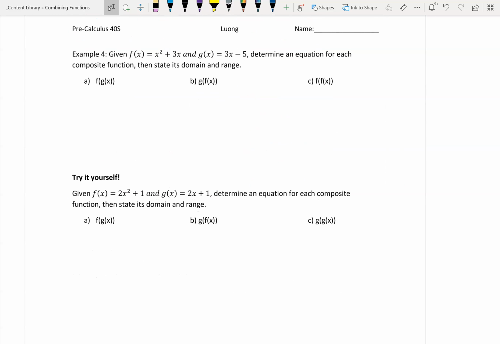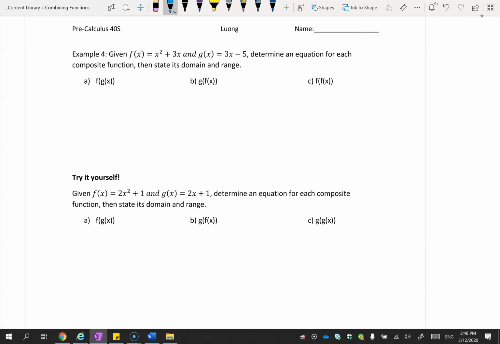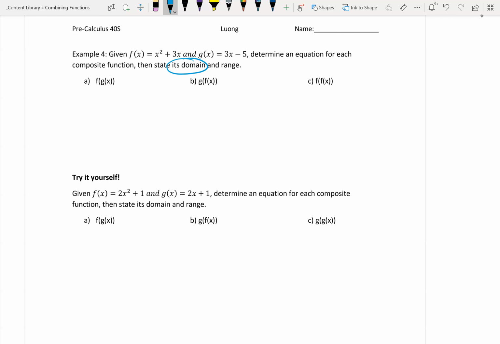In our next example, we want to find the composite function of each, and we're just leaving it in terms of x. We also want to find the domain. Don't worry about the range because you wouldn't need to really find that on the exam anyway. Okay, so f of g of x. Our g of x is 3x minus 5.